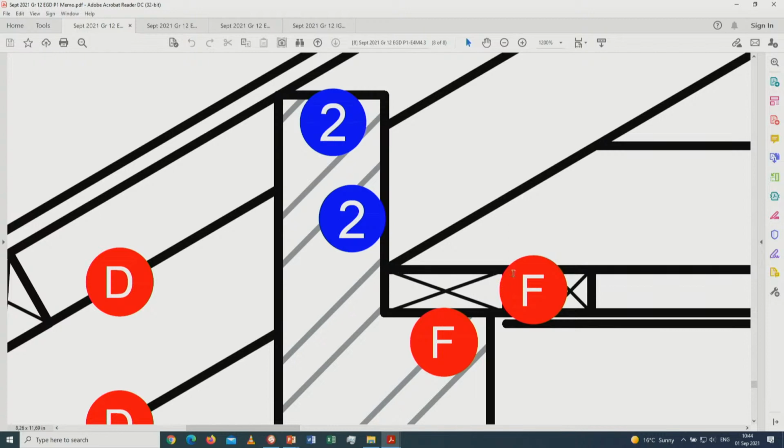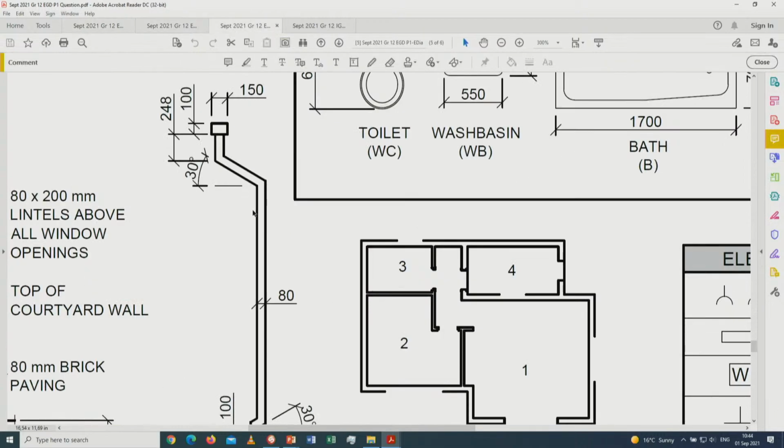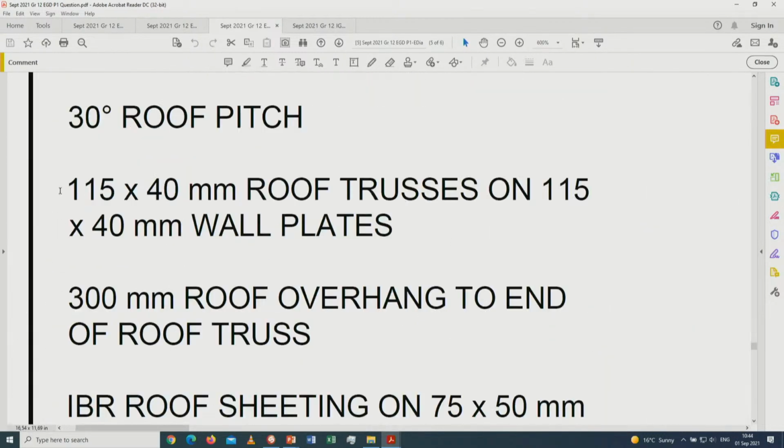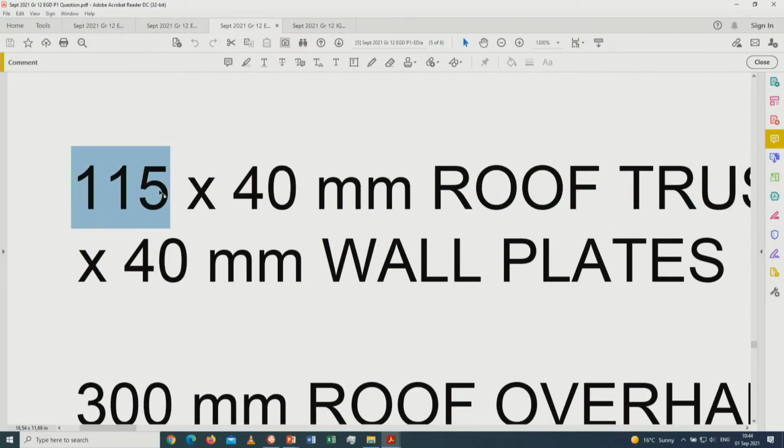Once the wall plate was placed on top of this part, the roof will start at that specific point, 30 degrees upwards from horizontal. And now he goes back to the exam paper, which is this part over here. All the roof truss information is over here. It points out to you 115 millimeters. So, of course, with your scale, you're going to work with a scale of, in this case, 20.